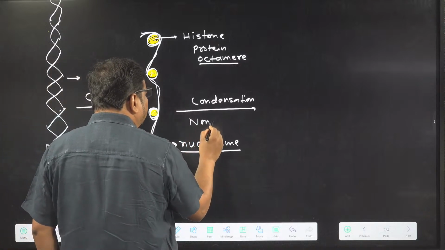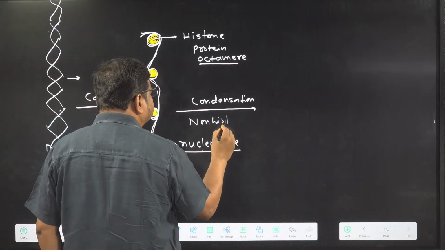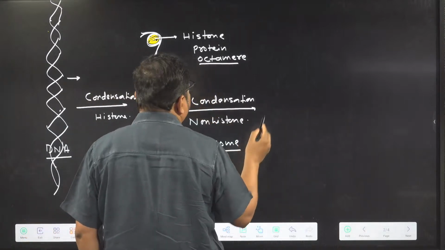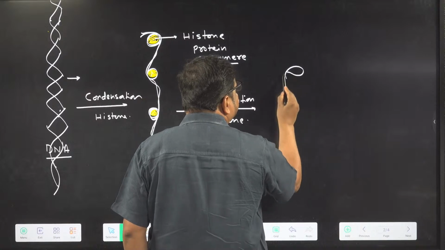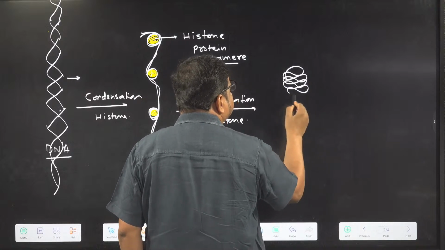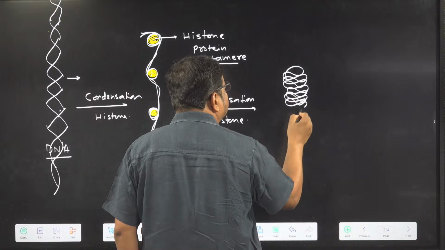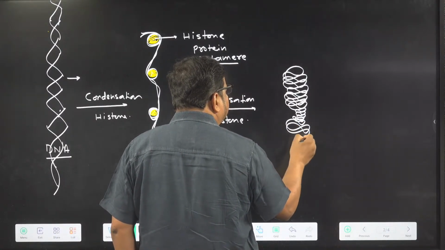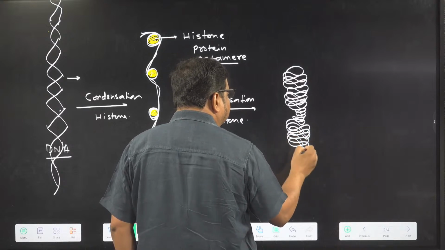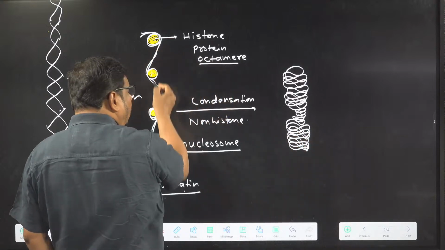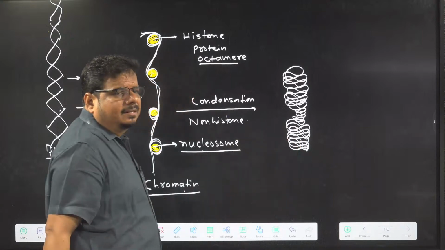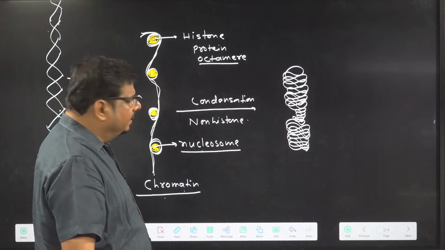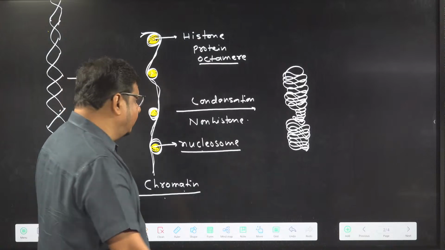And here, non-histone protein. And in this further condensation, what happened? You have a look. It becomes like this. So this longer one condenses and becomes like this. After condensation, it becomes shorter and thicker.